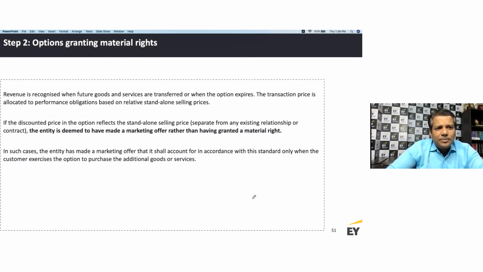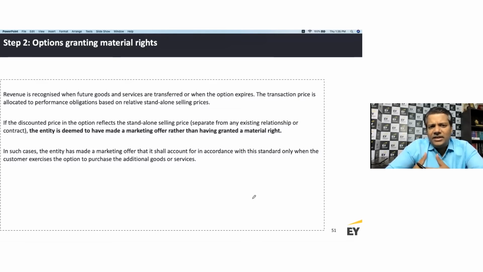The transaction price is allocated to performance obligations based on relative standalone selling prices, and we will talk a lot more about the methods of allocation. If the discounted price in the option reflects the standalone selling price, the entity is deemed to have made a marketing offer rather than having granted a material right.